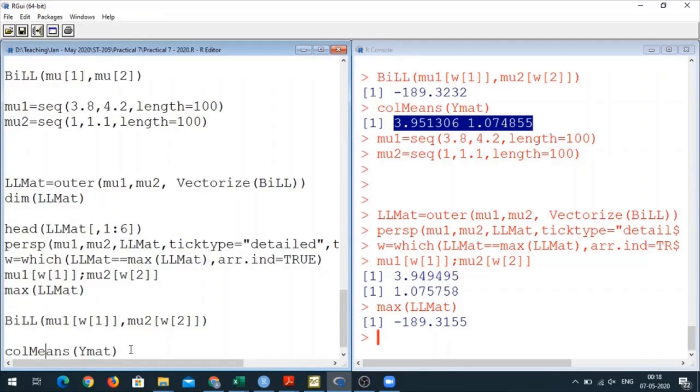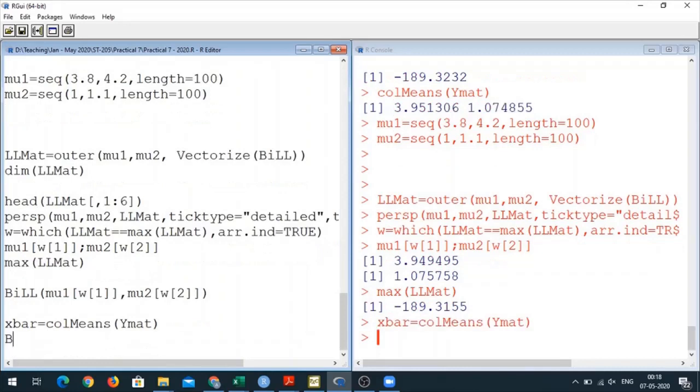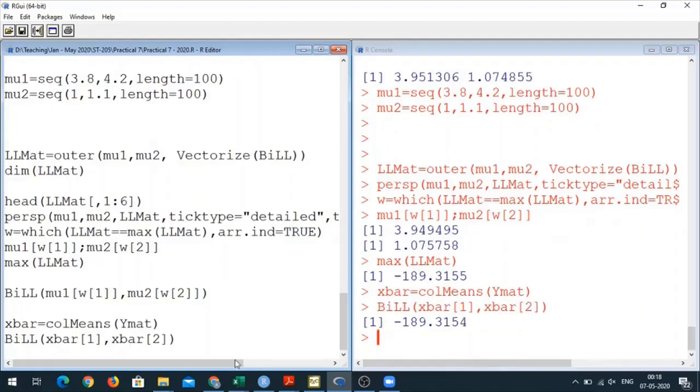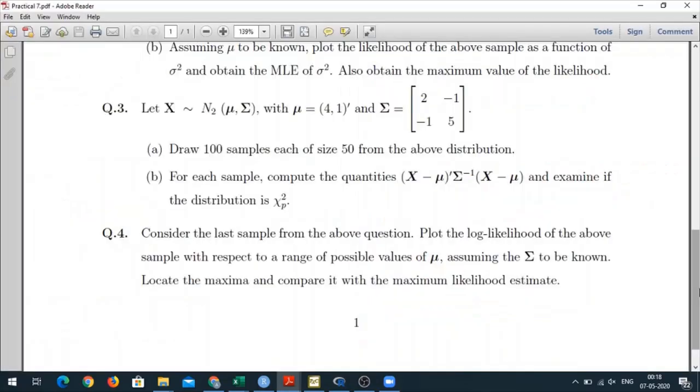So let me store it in, say, Xbar, and we can have LL at Xbar1 and Xbar2. See, minus 189.3154, this is marginally better than the maxima that we are getting by graph. Okay, so let us stop here.